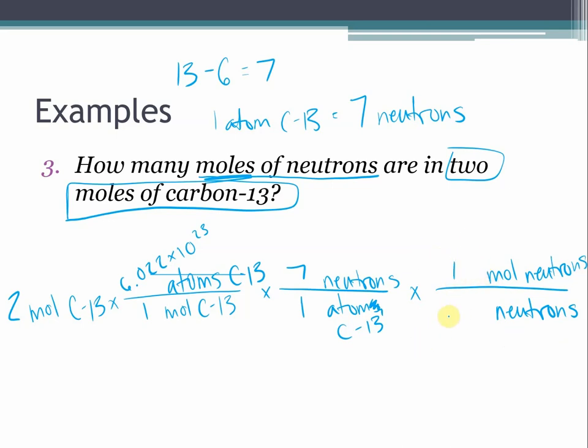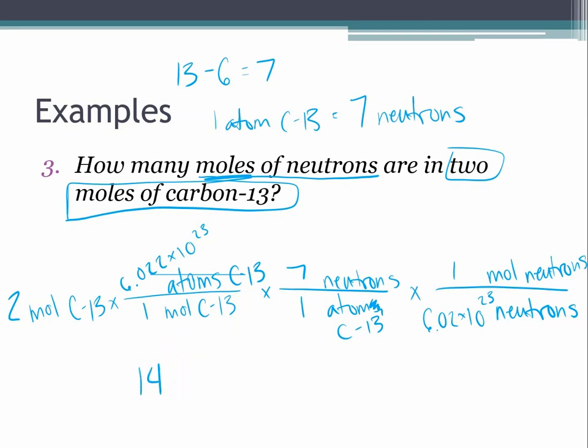So 1 mole of neutrons is 6.02 times 10 to the 23rd neutrons. And now we're ready to plug this into our calculator. This will be 2 times 6.022 times 10 to the 23rd times 7 divided by 6.022 times 10 to the 23rd. When you plug that in, you're going to end up with 14.